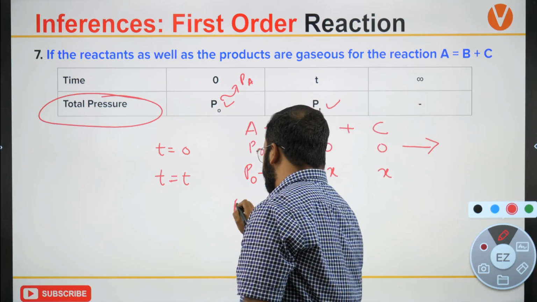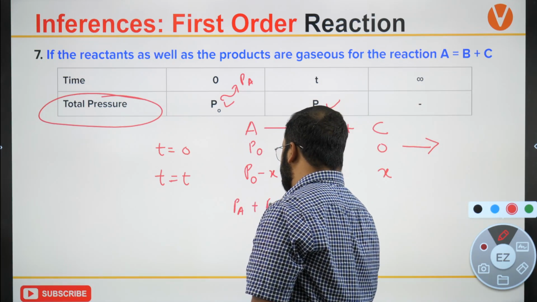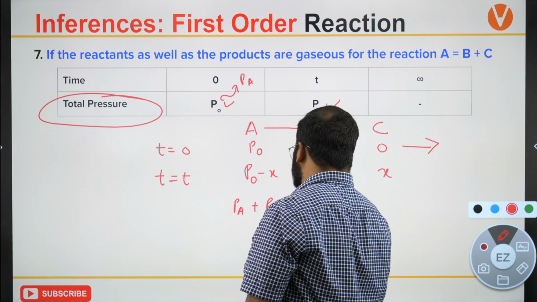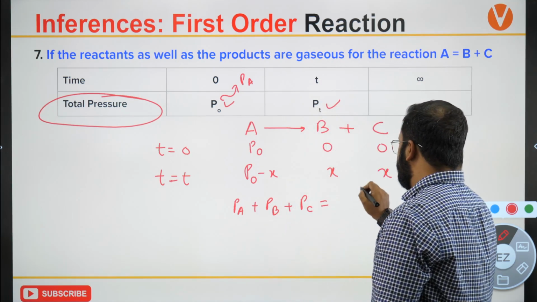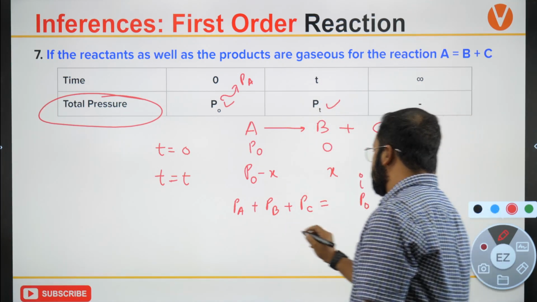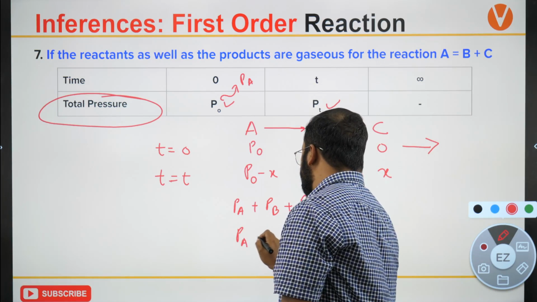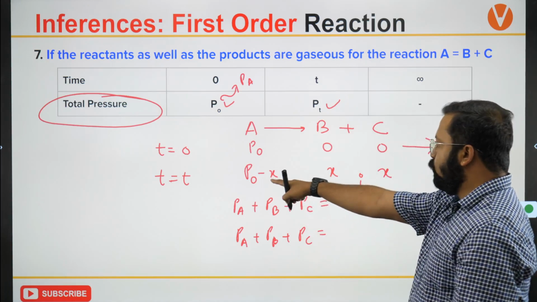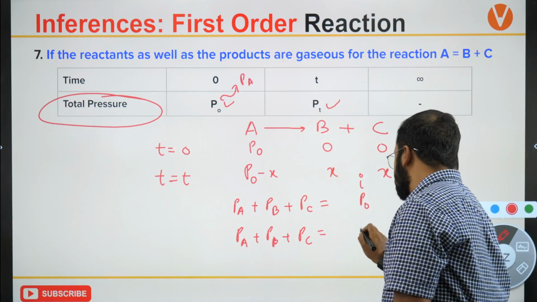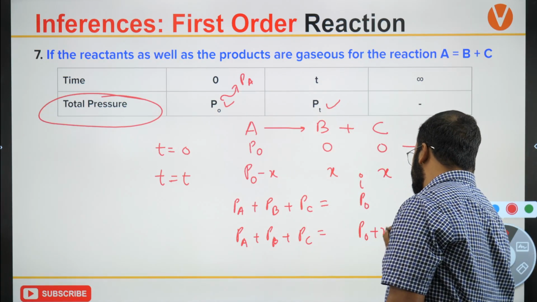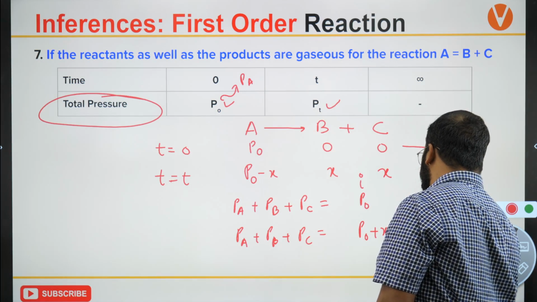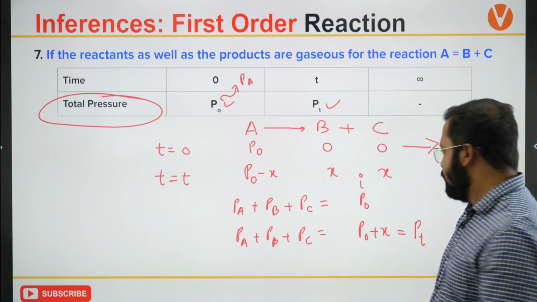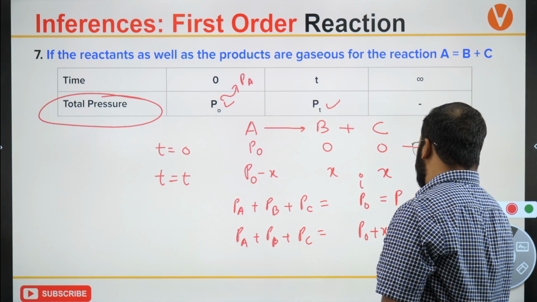So pressure of A plus pressure of B plus pressure of C is equal to P naught plus x, which is equal to Pt. And this is nothing but P of A.